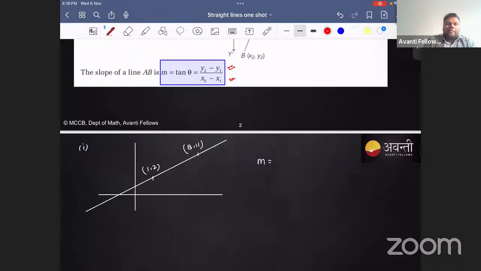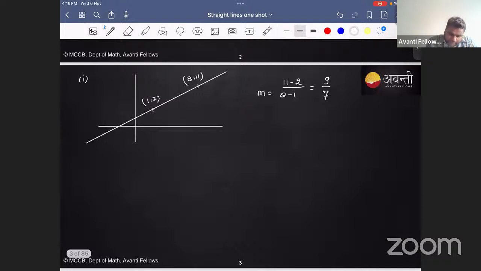So if the line is passing through (1, 2) and (8, 11), it is 11 minus 2 upon 8 minus 1, that is 9 upon 7. So the slope of this line will be 9 upon 7.